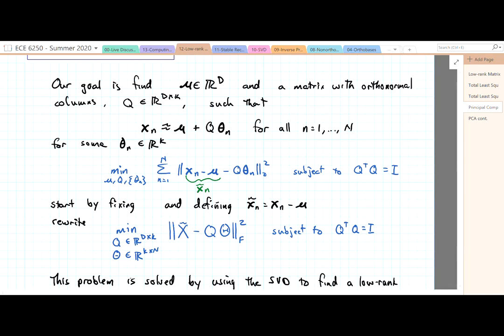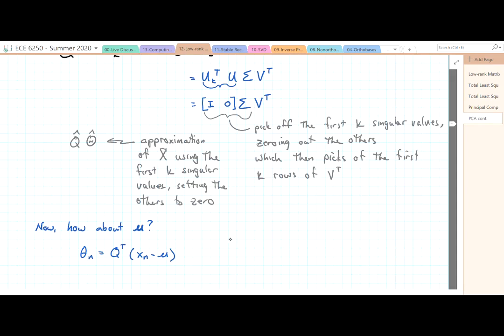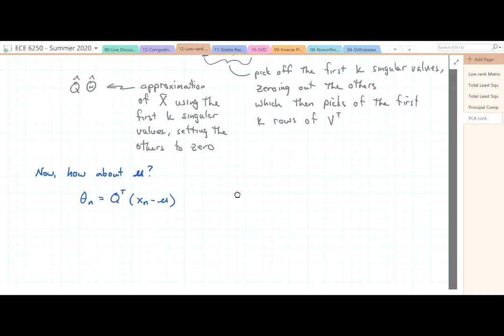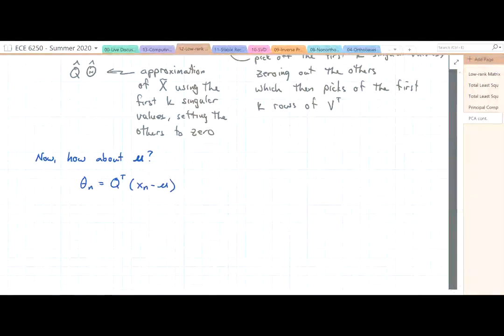So we can get there from this highlighted term right there, and that Q transpose times Q is equal to the identity matrix. And so subtracting mu from both sides and then multiplying by Q transpose will give us our theta. So it's exactly where we're at now. And we can plug this in to our objective function we were trying to optimize before.